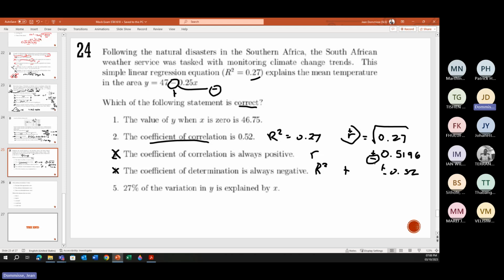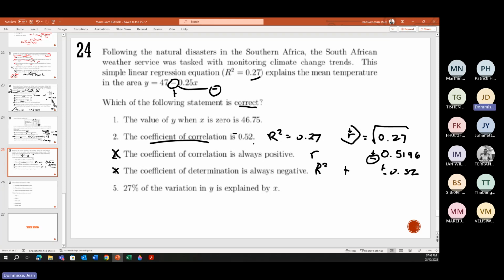Your R always has exactly the same sign as your slope. So negative slope, negative R, so the coefficient of correlation is actually minus 0.52.